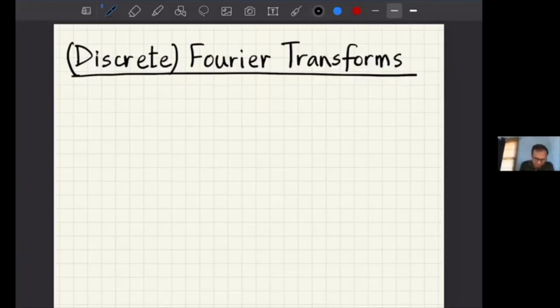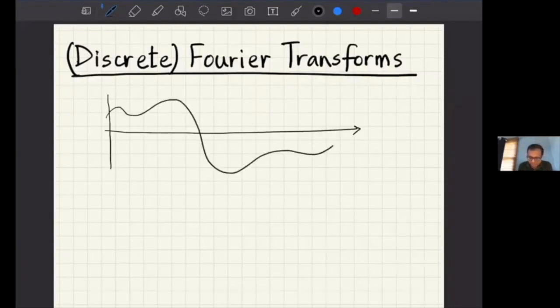Consider a signal as follows. Let's say this is your voice saying hello, and the signal looks like that. Let's say you digitally sample this signal at time, let's say t0, t1, t2, all the way till tn minus 1.